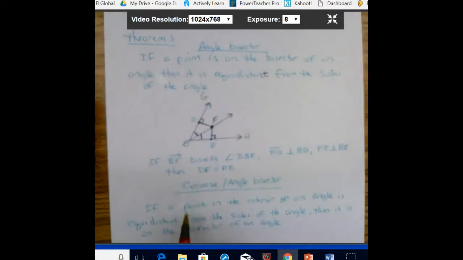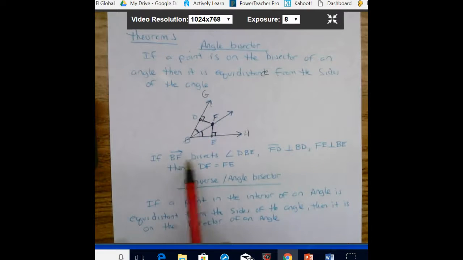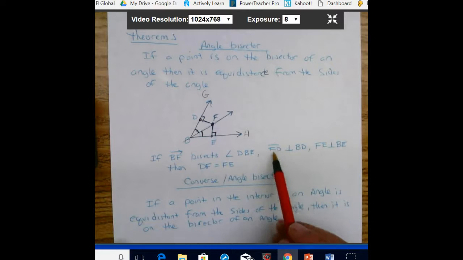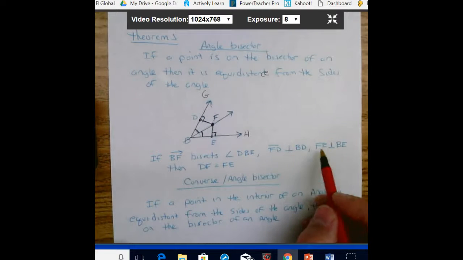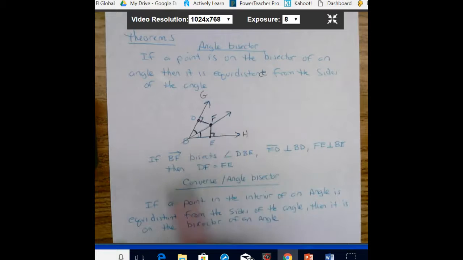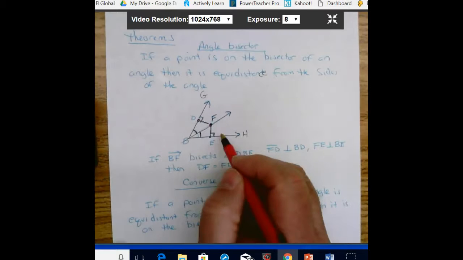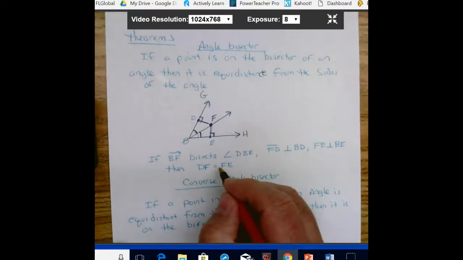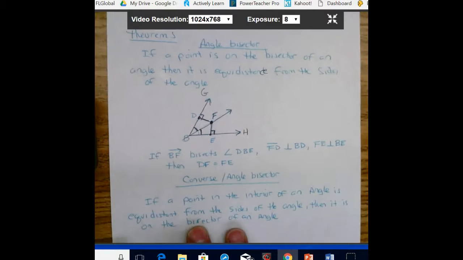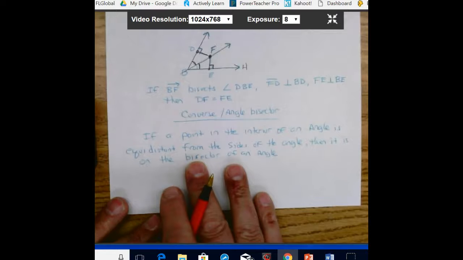In more mathematical terms, if BF bisects angle DBE, and FD is perpendicular to BD, and FE is perpendicular to BE, then DF and FE are equal to each other. They're the same distance. Okay? That's the angle bisector theorem.